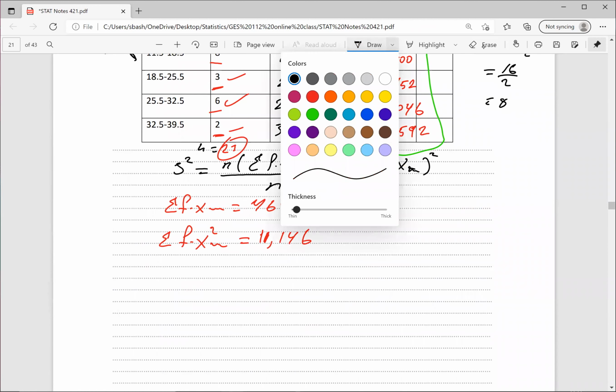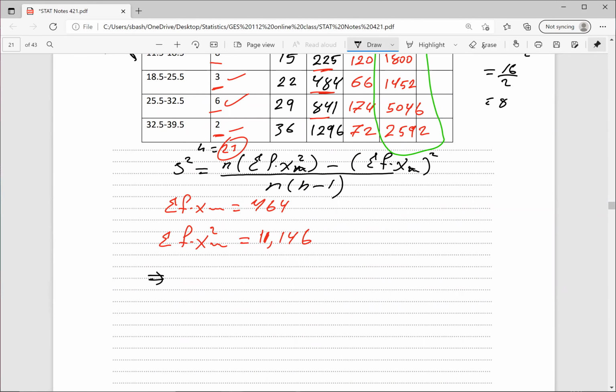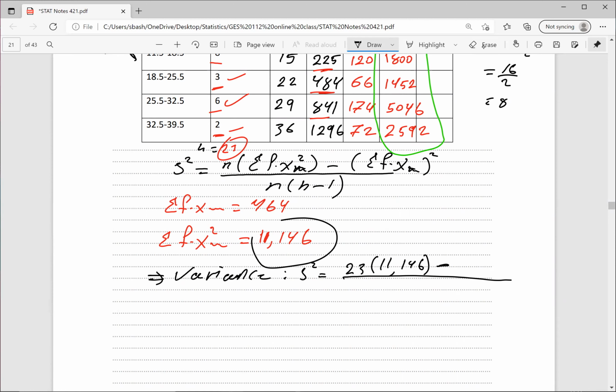So the variance s square is equal to 23 multiplied by sigma of f times xm squared, which is this one, 11,146, minus sigma of f xm all to the power 2, which is 464, divided by 23 multiplied by 23 minus 1.